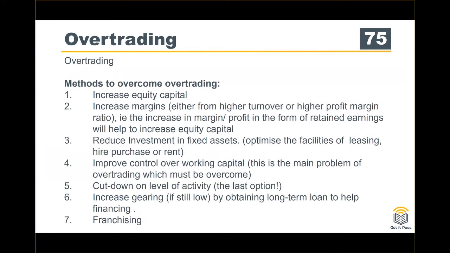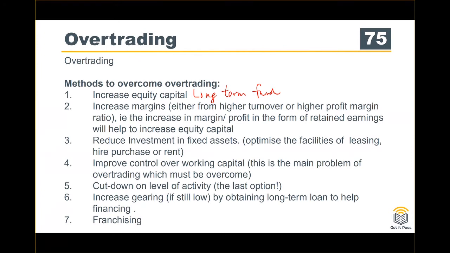And the methods of overcoming overtrading are, for example, you increase your equity capital, which means you have to increase your long-term funding. And you increase your margins and your profits, which will help to increase your equity capital as well.